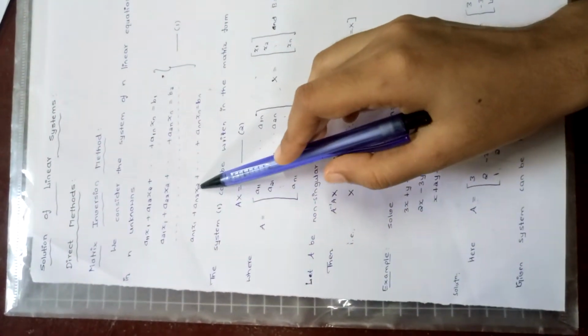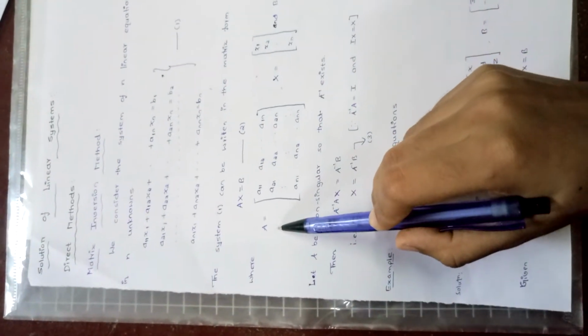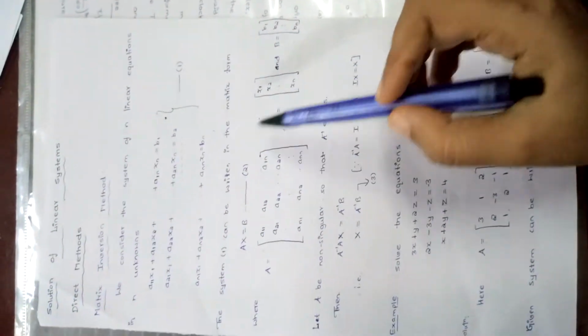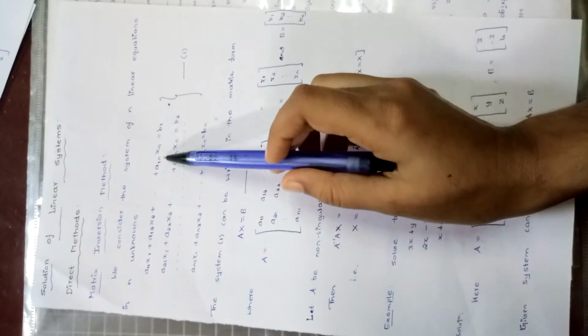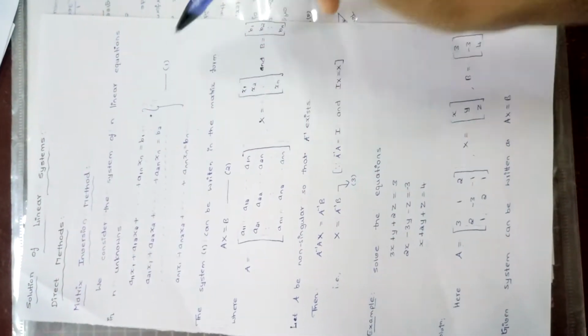We can write it in matrix form: Ax is equal to B, where A is the constants of the left hand side, x is the unknowns x1, x2 up to xn, and B is the constants of the right hand side.